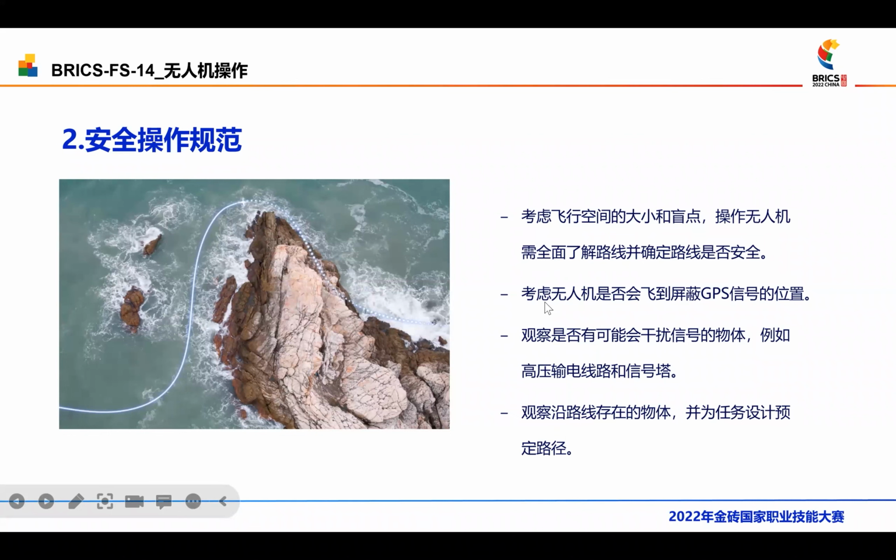Operating the drone requires a comprehensive understanding of the route and determines whether the route is safe or not. Consider whether the drone will fly to block the GPS signal or look for objects that may interfere with signals, such as high voltage transmission lines and signal towers. Observe objects present along the route and design predetermined paths for the task. Those are all very important.